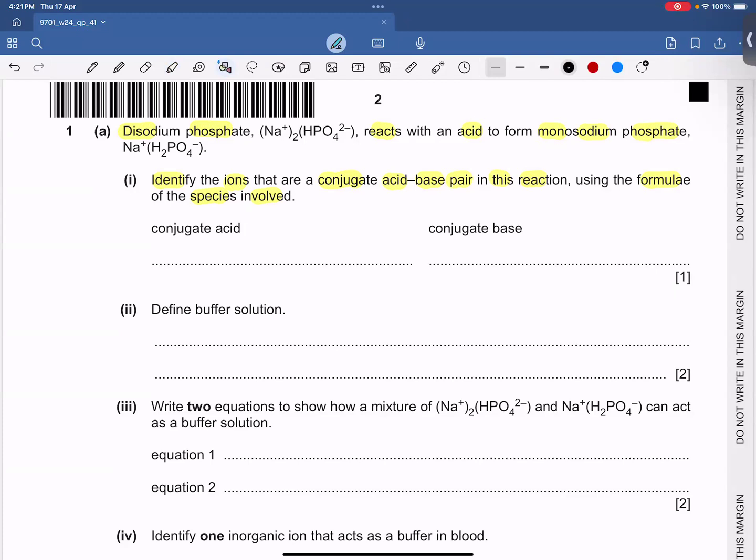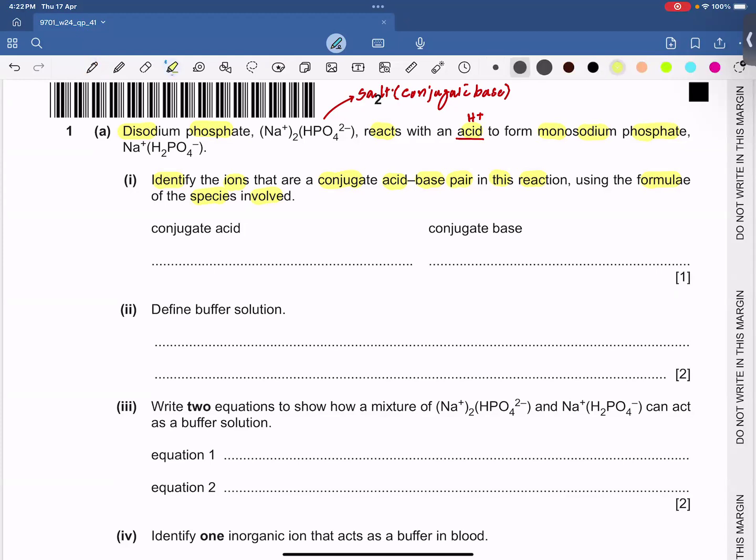Now the first clue is if this is involved in the reaction with acid, which means it will accept a proton. If it will accept a proton, obviously it's going to be the salt, or you can say the conjugate base, because it's going to accept a hydrogen ion.